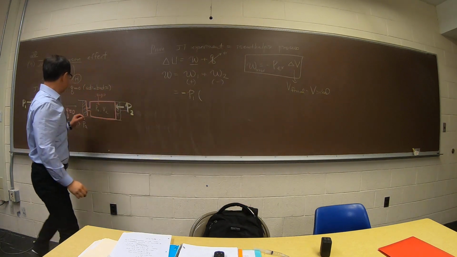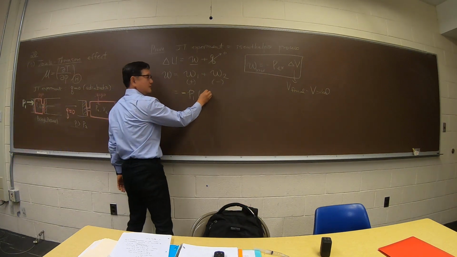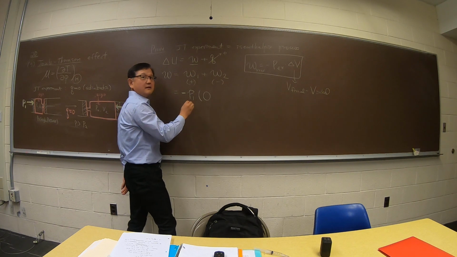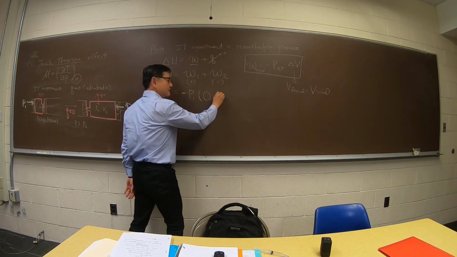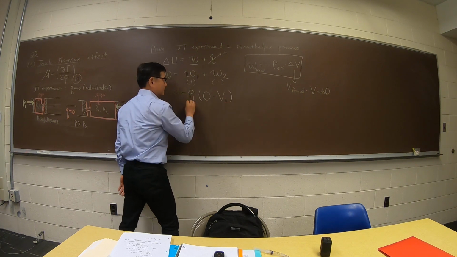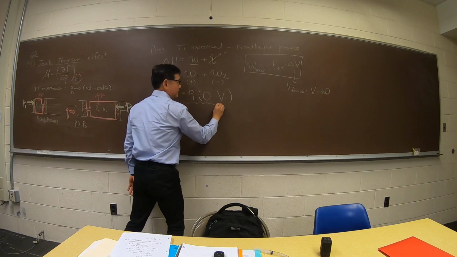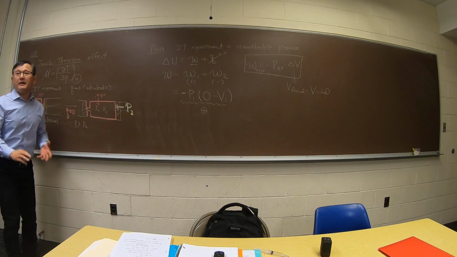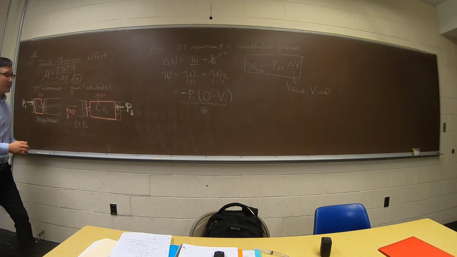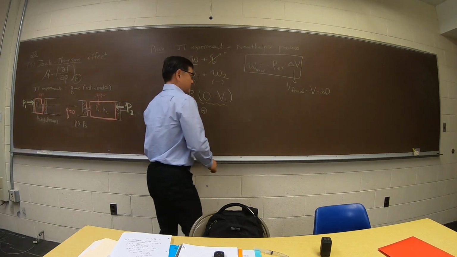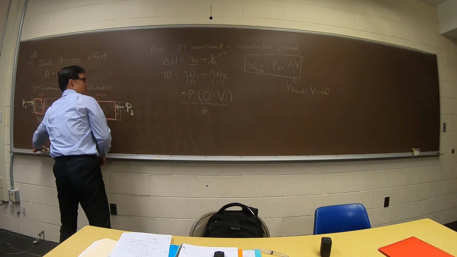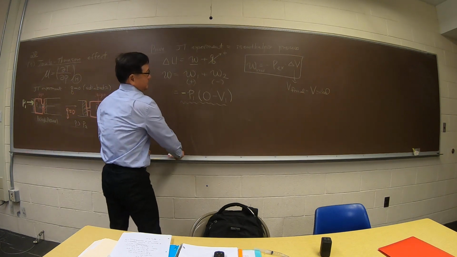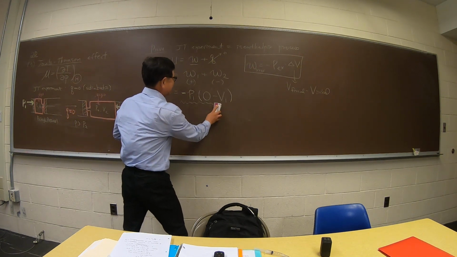So what is your final volume? 0, right? What is your initial volume? V1. So can you see that? This actually becomes plus. Okay? So that should make sense to you without being careful about the equation sign.